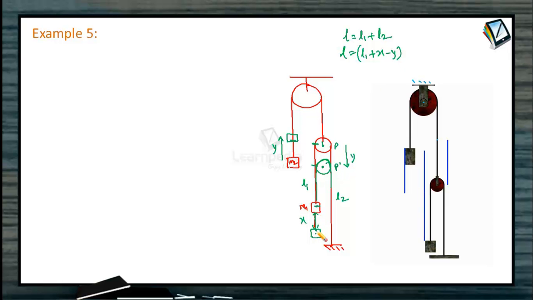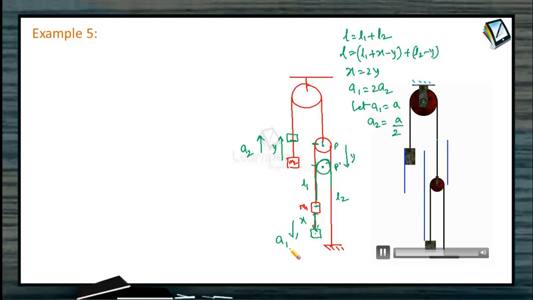L1 plus X minus Y. Whereas this is L2 minus Y plus L2 minus Y. What do you get? X is equal to 2Y. Differentiating, if I consider this acceleration as a1 and this acceleration as a2, then a1 is equal to 2a2. Let a1 be equal to a, then a2 will be a by 2. So if this comes down with acceleration a, this goes up with a by 2.